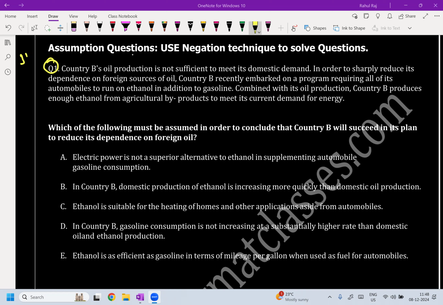Perfect, Atharv. Yeah, you can assume oil is equal to gasoline. No issues at all. Sorry, again Anudeep. Perfect, Anudeep.